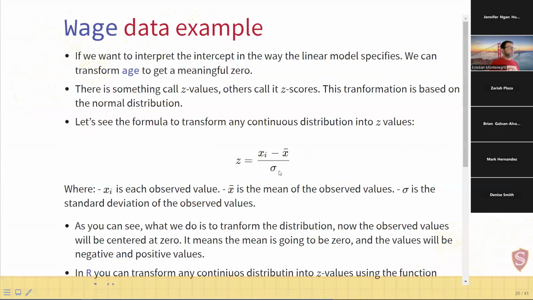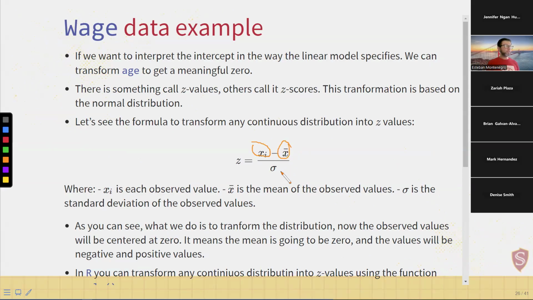Now, I told you about z-scores, and I don't know if I explained this term as best I could, but the idea of z-scores is to standardize your observed measurement. What you do is a transformation. We take each value in my data set and subtract the mean.